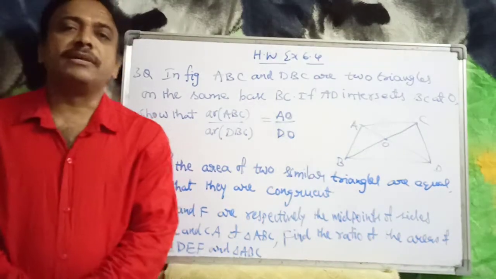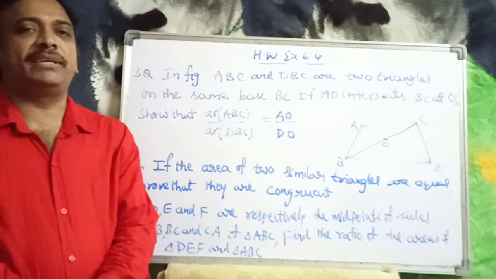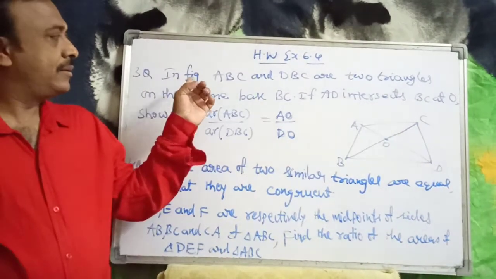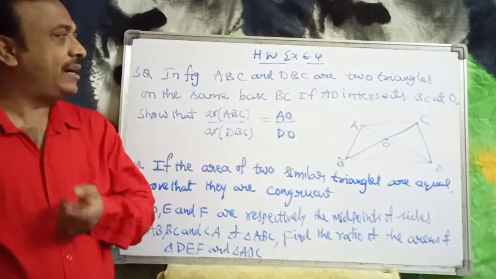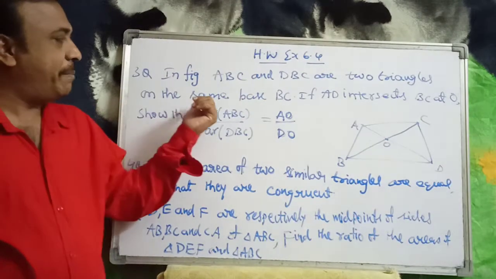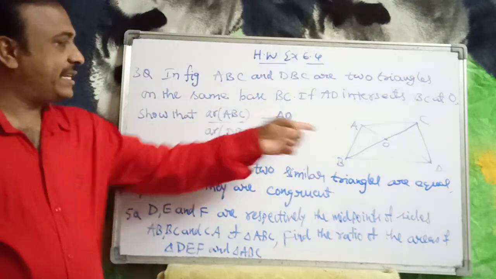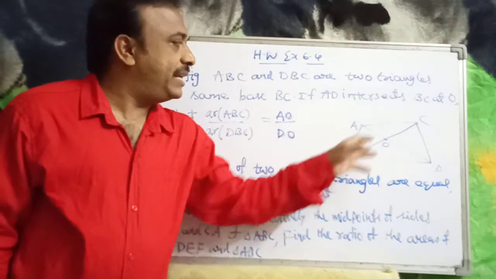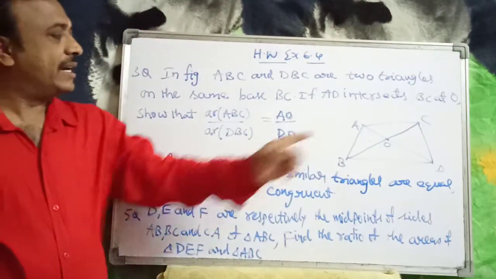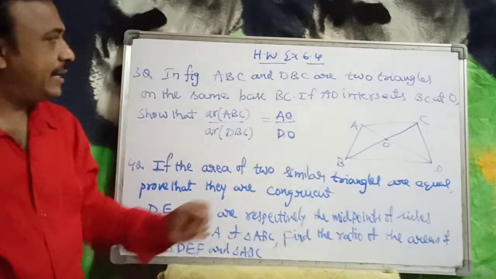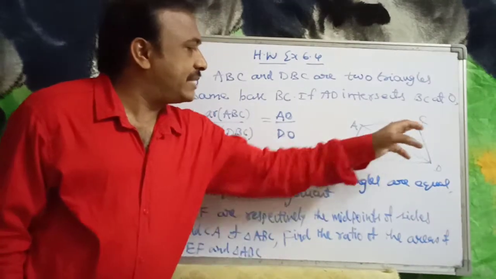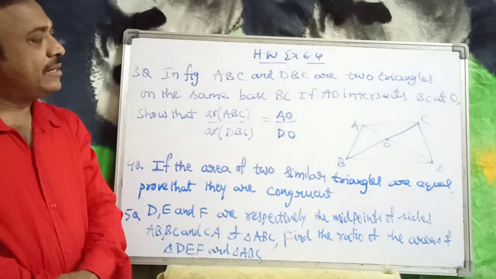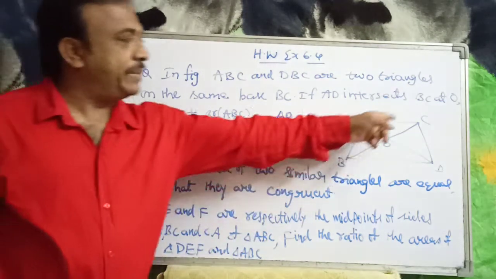Here we have some homework questions from exercise 6.4. Question number 3. In the figure, ABC and DBC are two triangles on the same base BC.